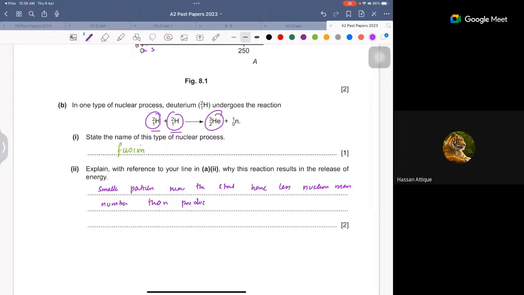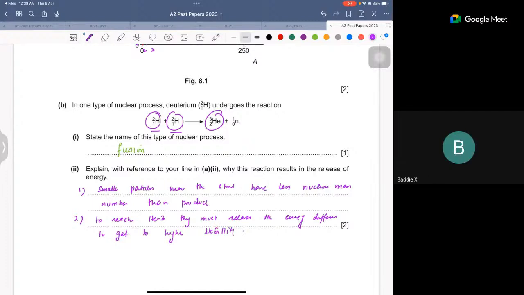I'm going to write that for 1 mark, and for the second mark I'm going to say, to reach helium-3, they must release the energy difference to get to higher stability. That you should be writing. All right, is it clear, everyone?